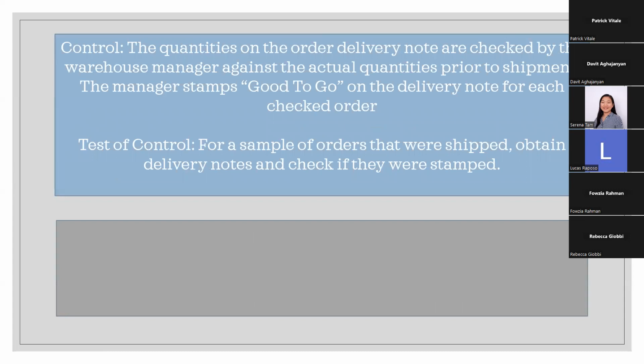Okay, now next one. Control: the quantities on the order delivery notes are checked by the warehouse manager against the actual quantities prior to the shipment. The manager stamps good to go on the delivery note for each. For example, of orders that were shipped, obtain delivery notes and check if they were stamped. Is that good or not good? Okay, checked by the warehouse manager.